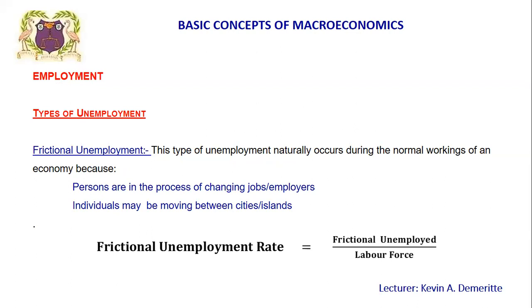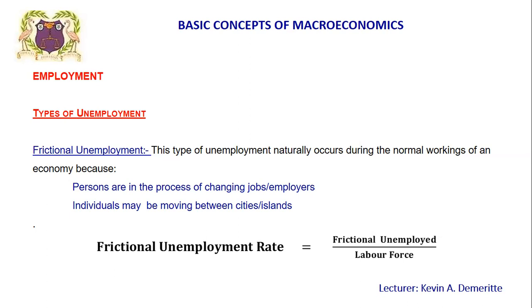These are the people who are between jobs. Usually you have to give 30 days notice. Once you've given your notice, technically you have resigned from that company, but you haven't taken up your new job as yet, but you have a new job waiting for you. So you may be technically out of work for less than 30 days.